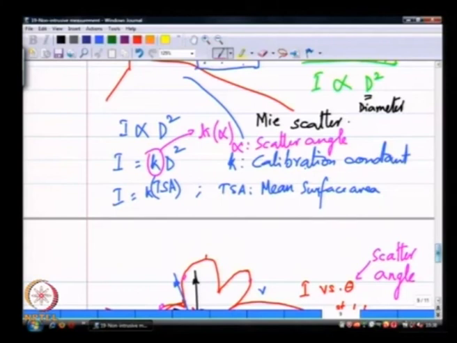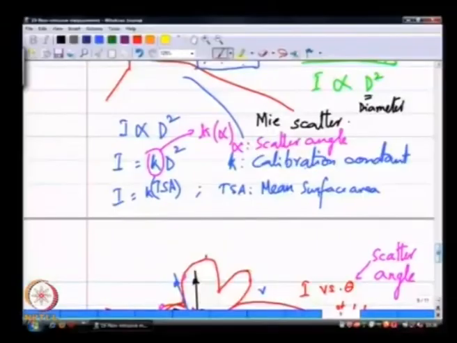Okay, so if I was able to get a k as a function of alpha, I have a way of taking one of the frames in a PIV imaging system and get an estimate of the total surface area in different points of the image, and I will take the surface area as indicative of the size at that point. Okay.